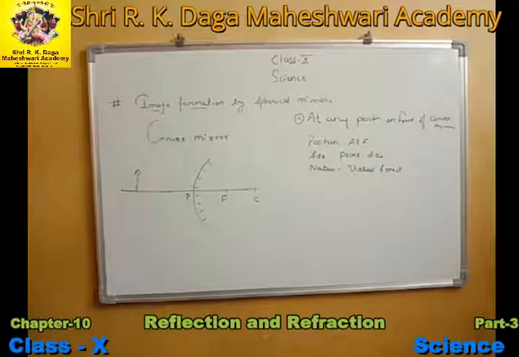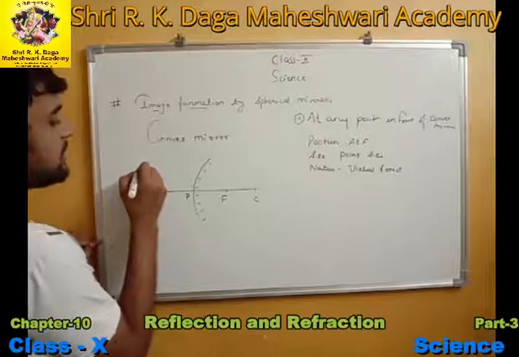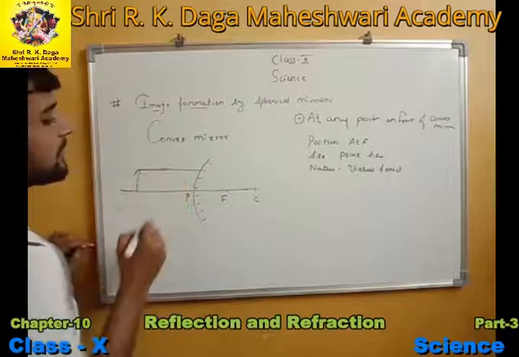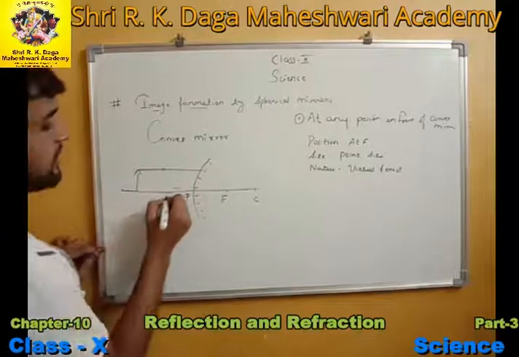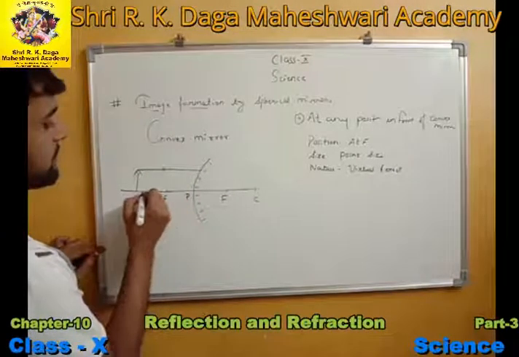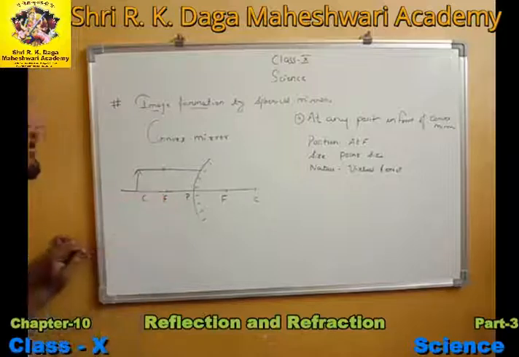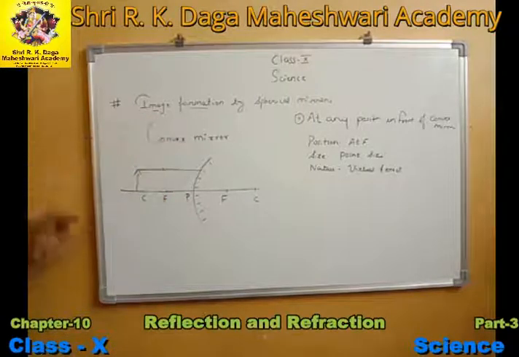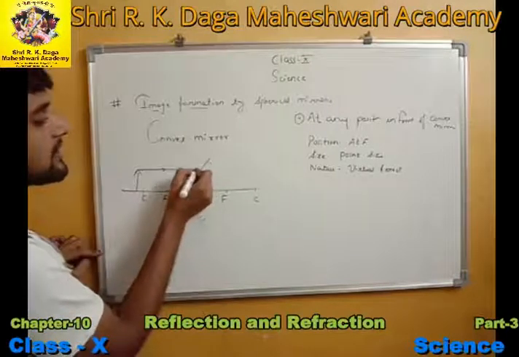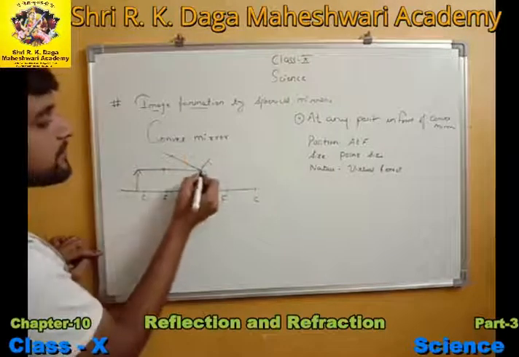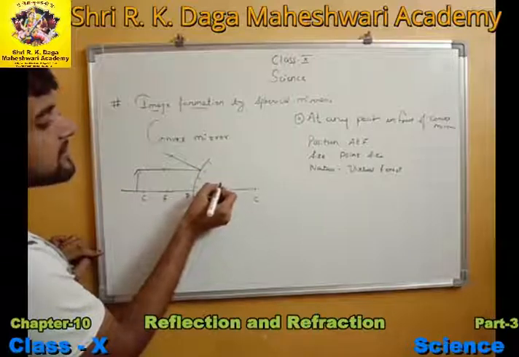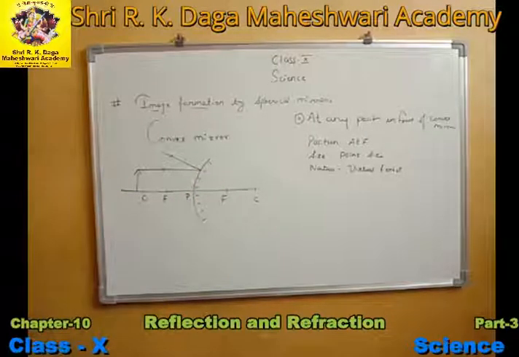What will happen now? A ray will incident parallel to the principal axis. After reflection, it will go like this, such that on extending it back, it appears to be coming from focus, right?